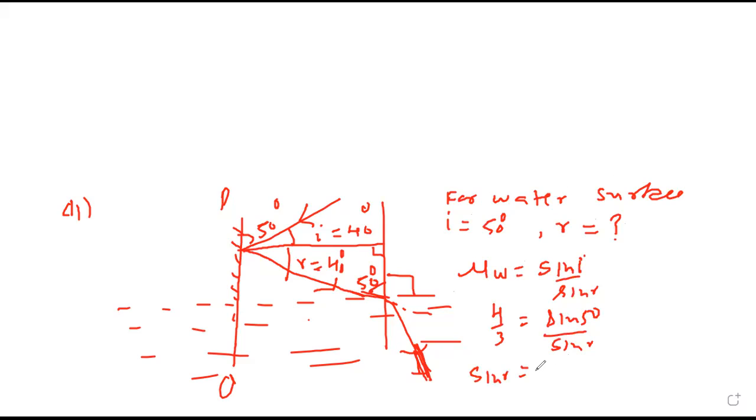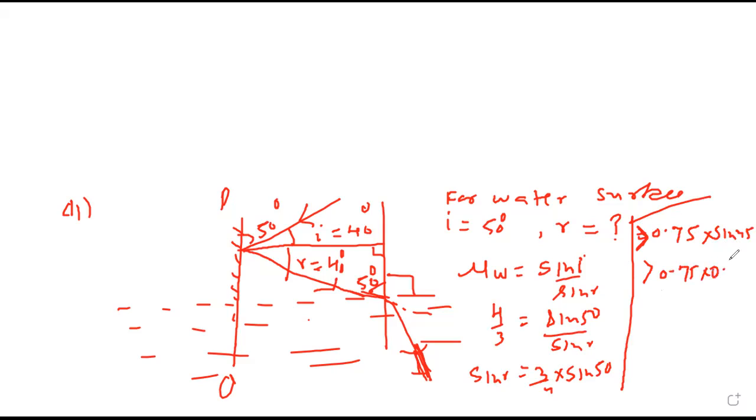So sine r will be 3 by 4 into sine 50. 3 by 4 is 0.75. Is sine 50 greater than sine 45? Yes, sir. So I'm just writing this approximately 0.7. Actually, it is 0.7071, but we can write approximately 0.7.